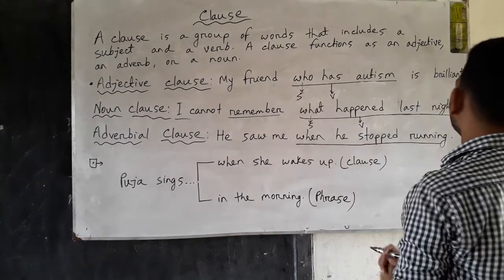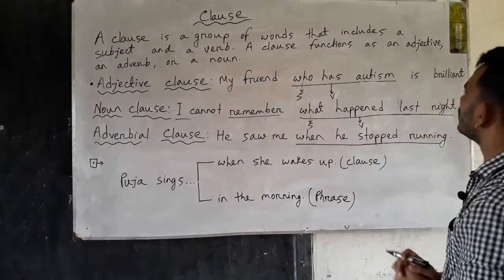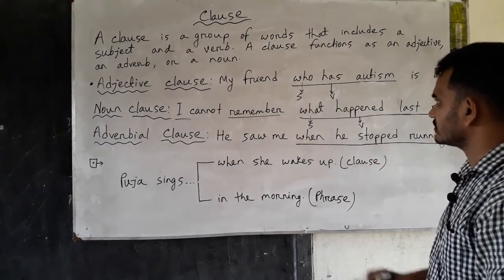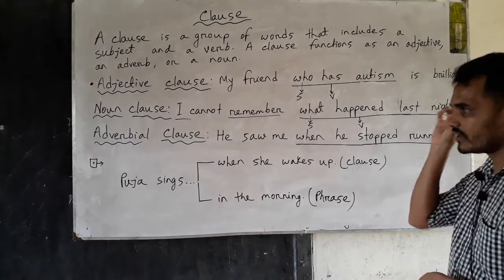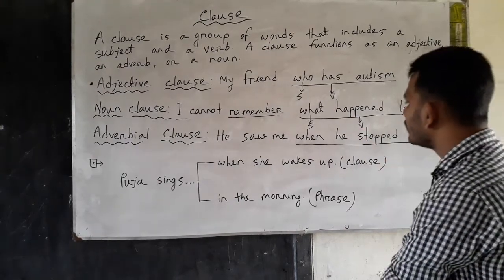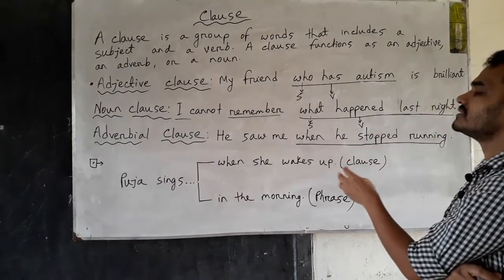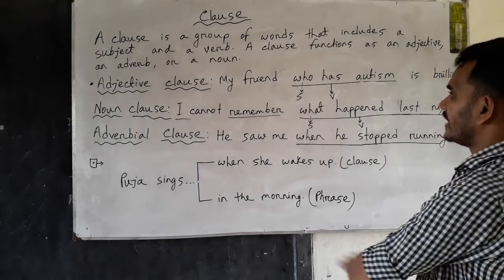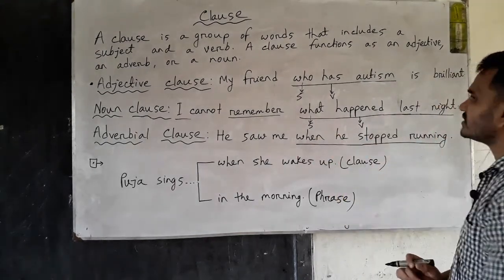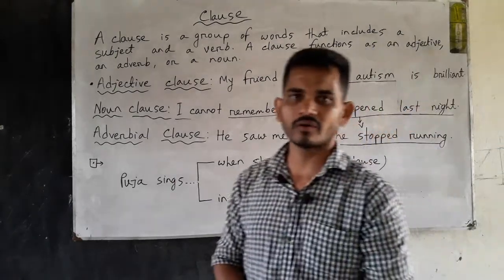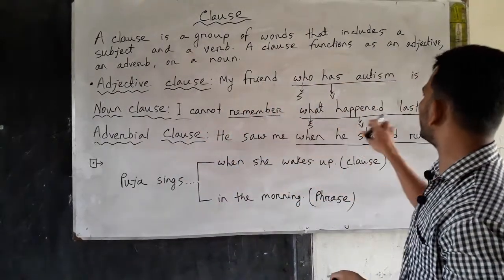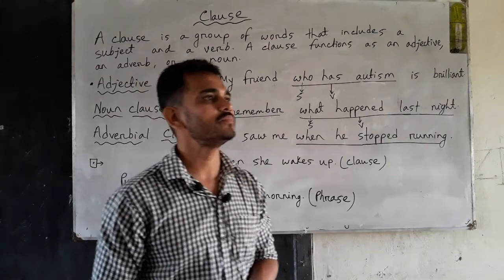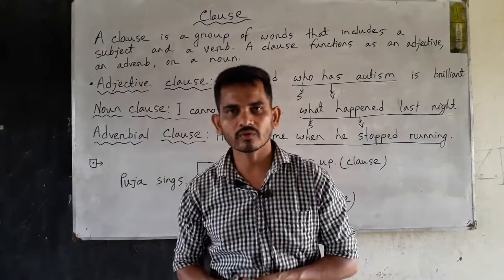In the part what happened last night, what is the subject and happened the main verb. Here we used what as subject in the form of a relative pronoun, and this part also functions as a noun, so it is a noun clause. In this part there is a subject and a finite verb, so it is an example of noun clause.